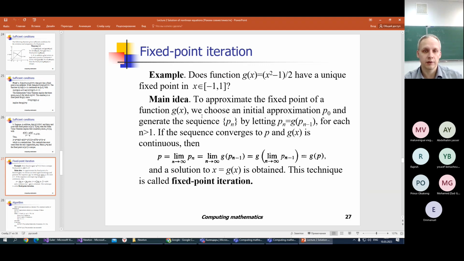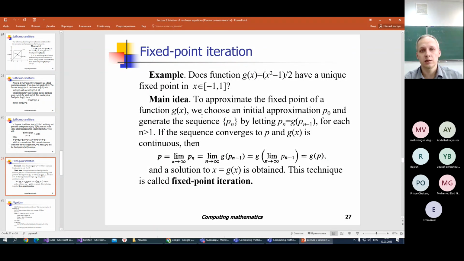To approximate the fixed point, we choose an initial approximation p0 and generate the sequence Pn by letting Pn equal g of Pn minus 1 for each n greater than or equal to 1. So the method is extremely simple.